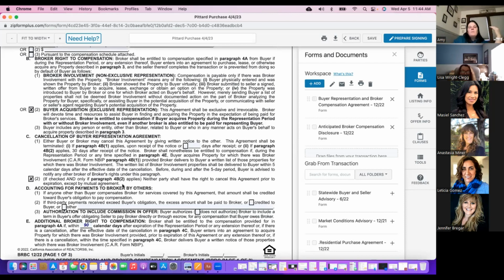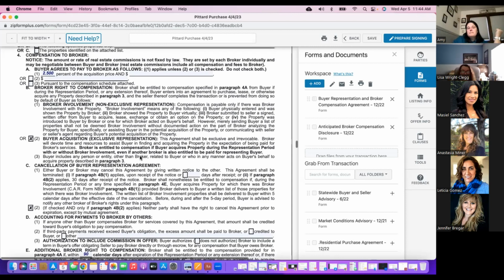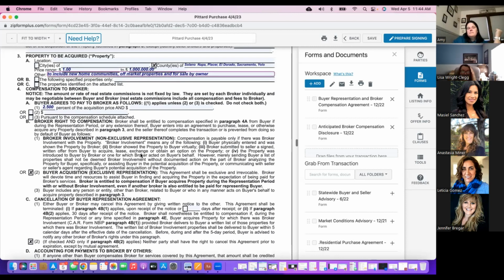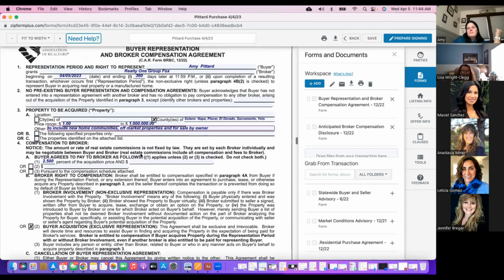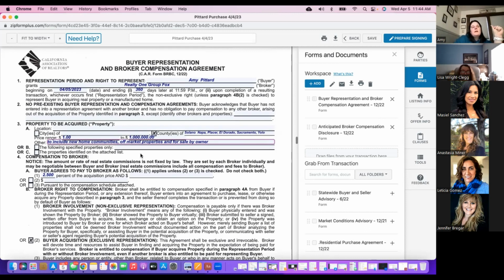What if they decide, okay, well, I want to buy a commercial property, a quadplex or something. Is that a different form, or does this one still apply? Yeah, so I think it outlines it's going to be for a residential property, but let's look real quick.